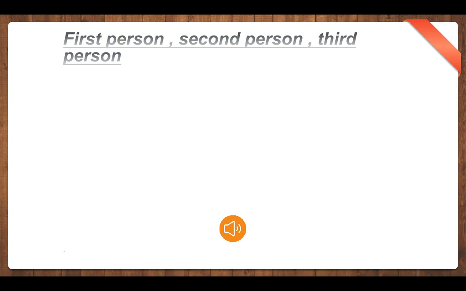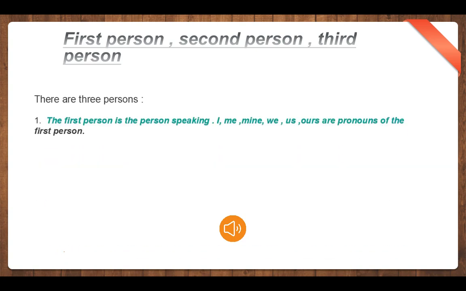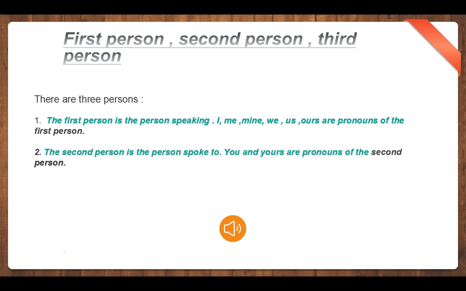So students, there are three persons. First, the first person is the person speaking. I, me, mine, we, us, ours are pronouns of the first person. Second, the second person is the person spoken to.